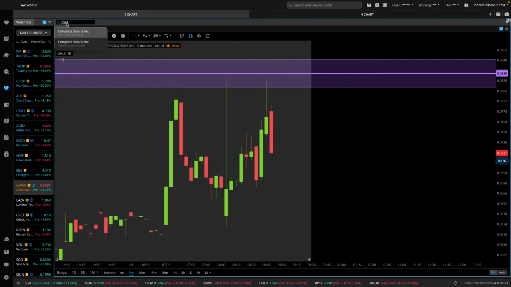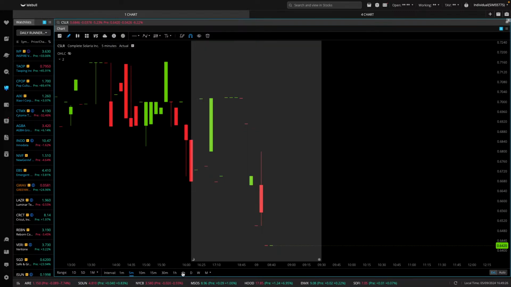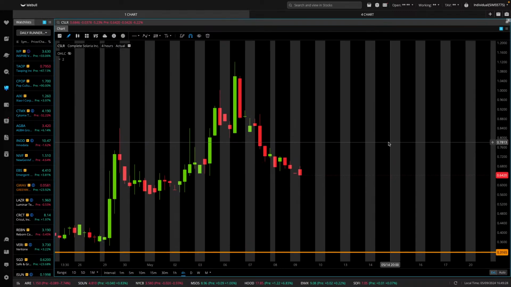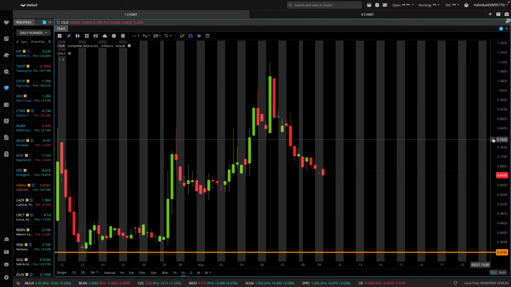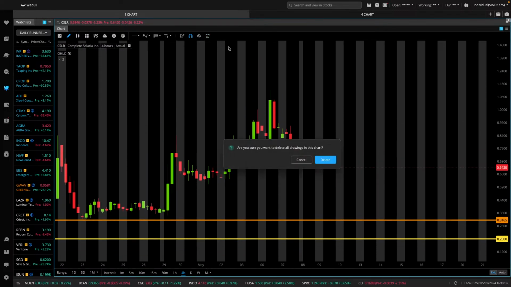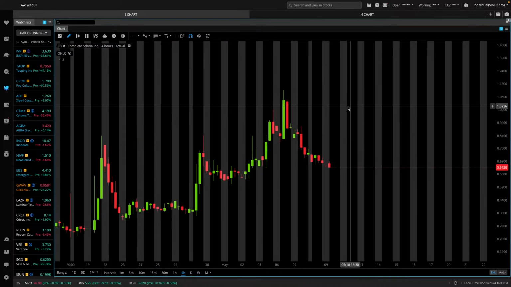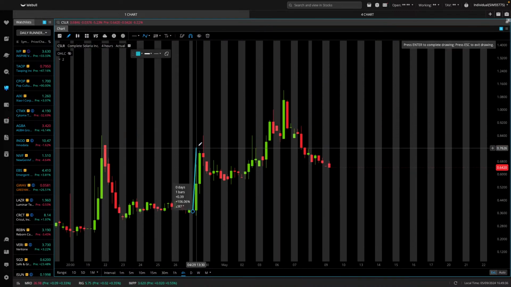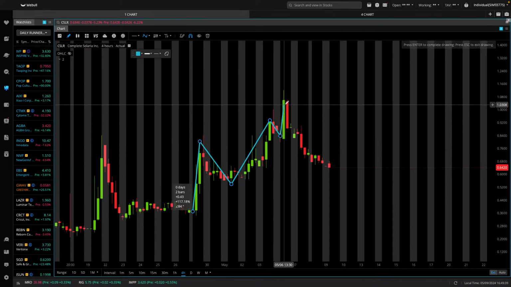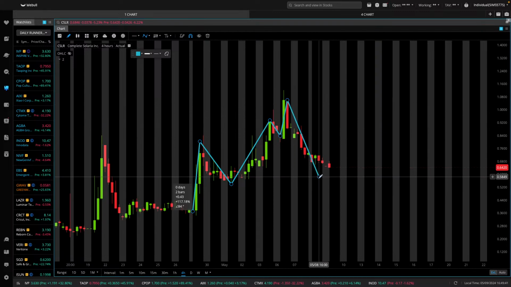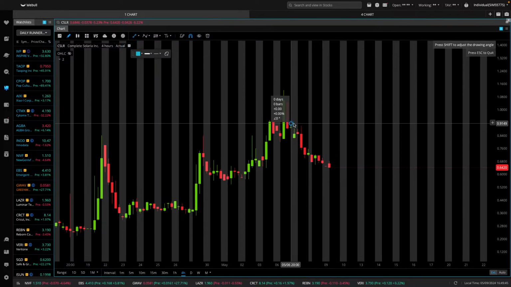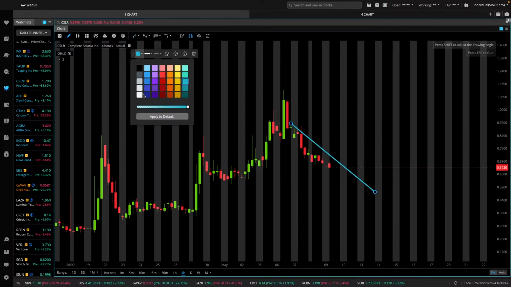CSLR. So CSLR, we have a 4-hour. On the 4-hour, we can see that it's making high highs, high lows, high highs, high lows, and then now it's broken it. So at the moment it is bearish because the trend right now is bearish.